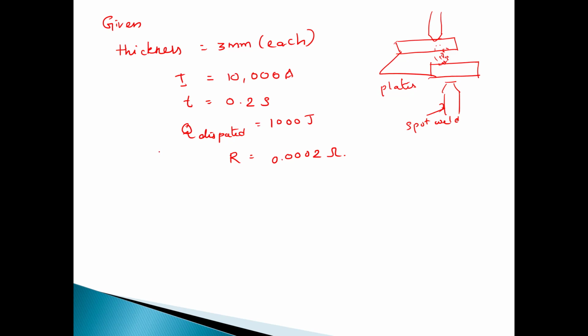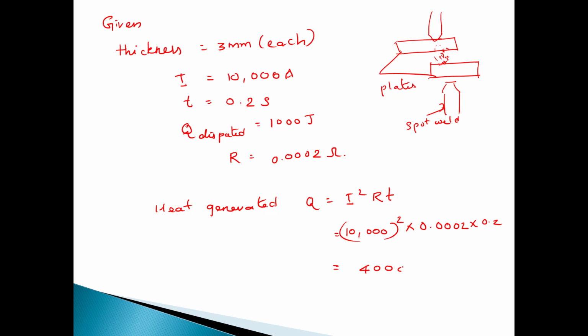So now you can calculate the heat generated. Q equal to I square R T. So I is given, 10,000 square, R is 0.0002, into time 0.2.